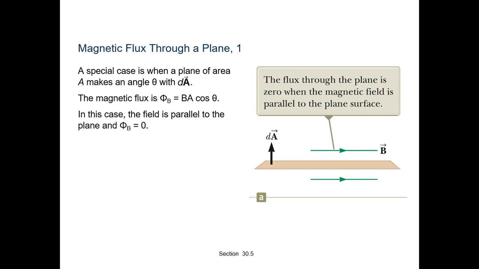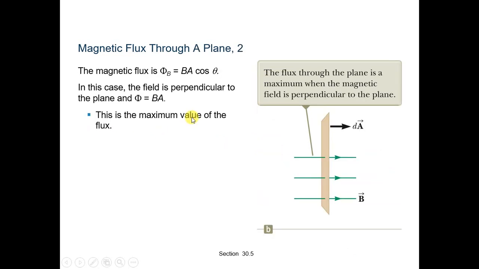When the field is parallel to the plane, phi B is equal to 0. Why? Because the angle between them is 90 degrees. And the magnetic flux phi B is equal to BA cos theta.